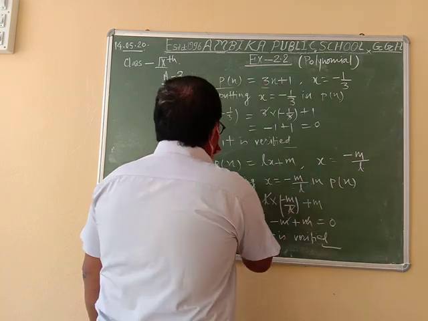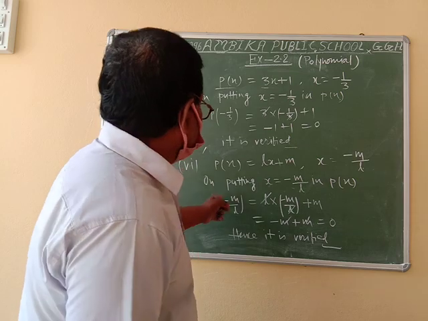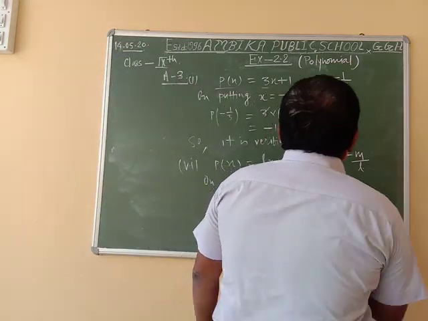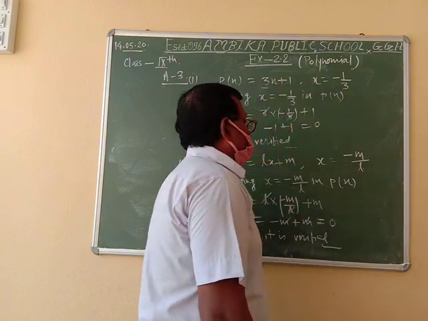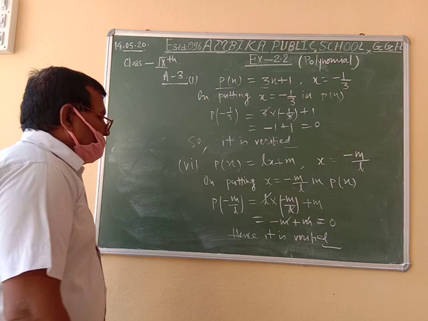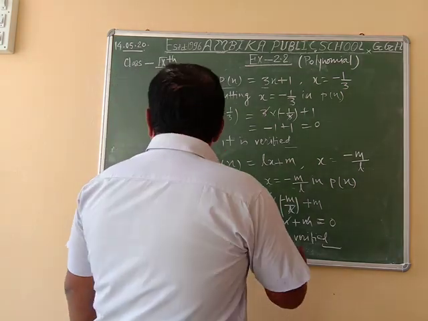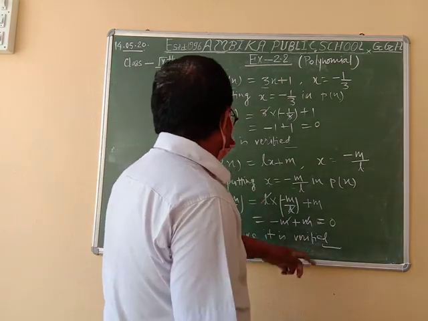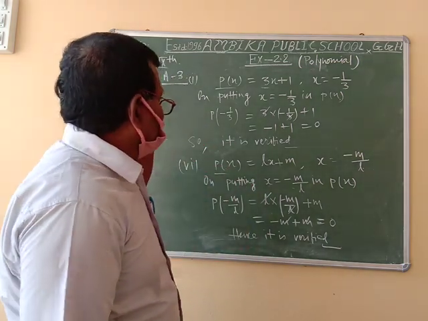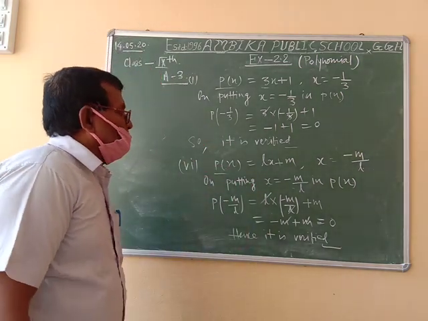If the value of p(x) will not be 0, then minus m by l will not be the zero of p(x). So it is verified because the value of p(x) is equal to 0. Verify the polynomial p(x) is equal to lx plus m.